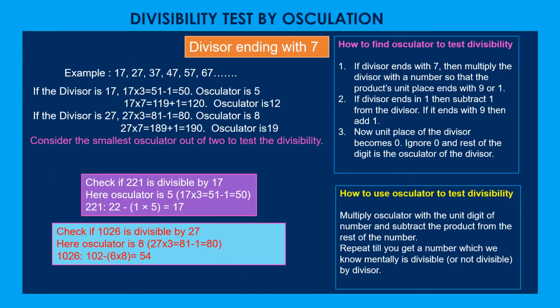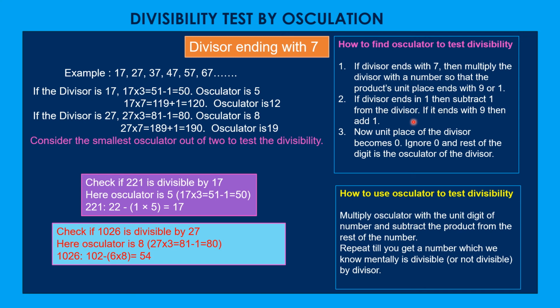Now let us see if your divisor ends with the number 7. If the divisor ends with 7, then you multiply the divisor with a number so that the product's unit place ends with 9 or 1. If the product ends in 1, then subtract 1 from it. If it ends with 9, then add 1. Now the unit place becomes 0.